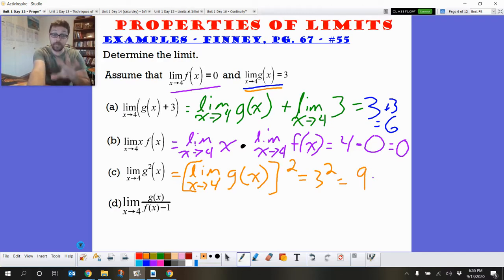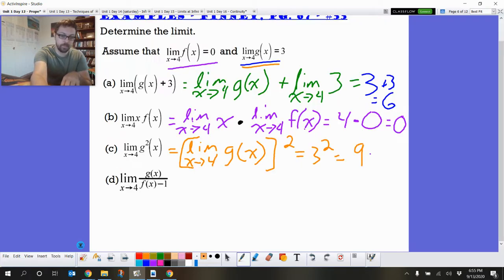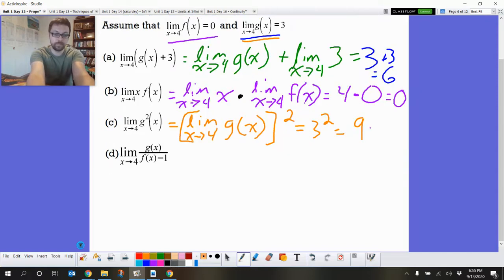Now, the bottom one, we've got a lot of breaking up to do. We're going to do the limit of the top and the limit of the bottom. I'm going to bump my page down so I have a little more space to write. So we do the limit of the top thing, the limit as x approaches 4 of g of x.